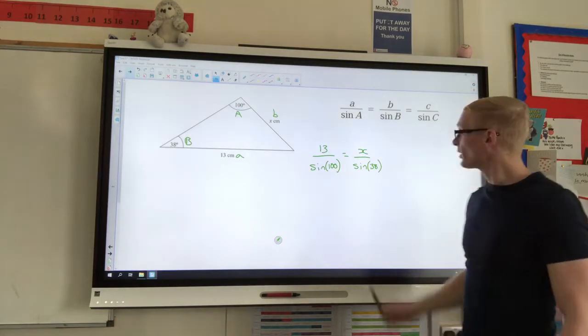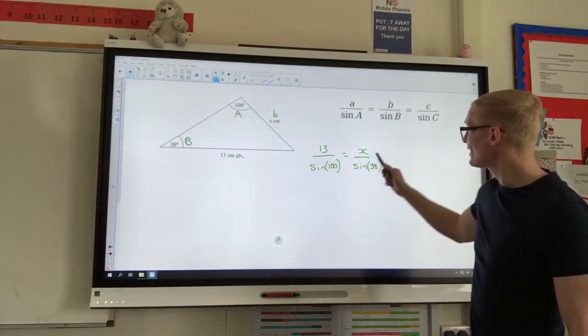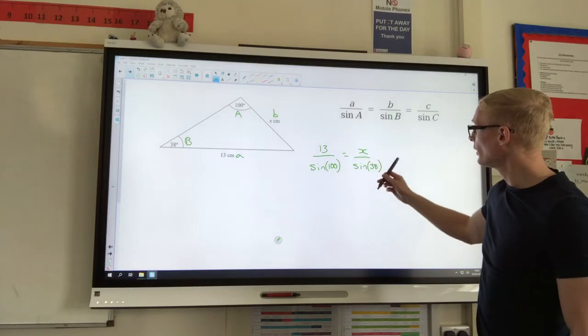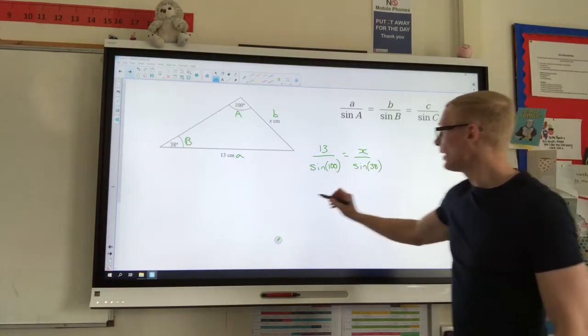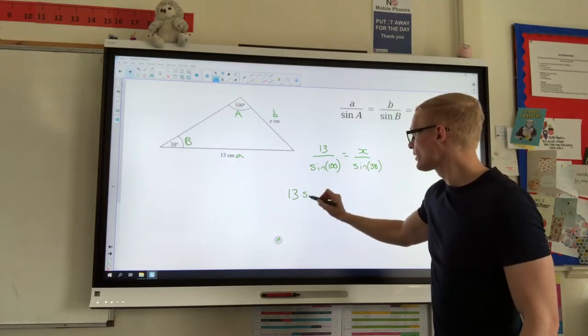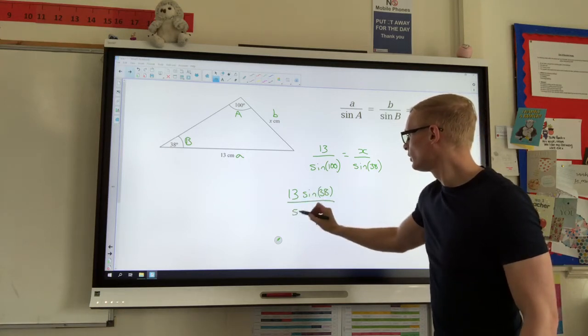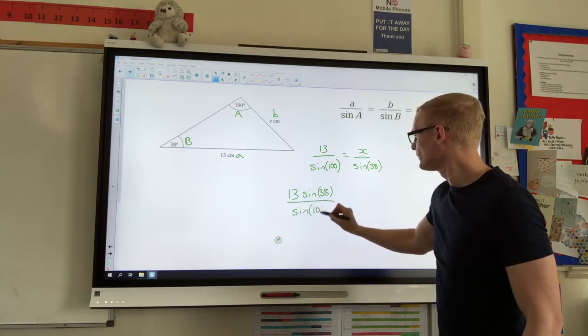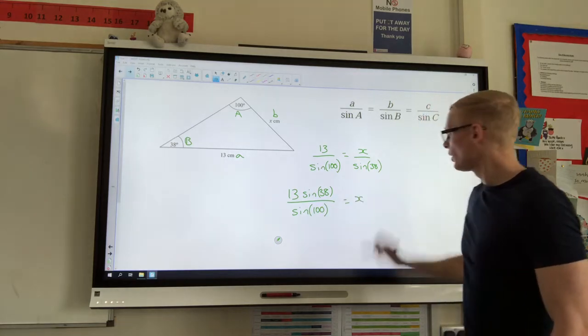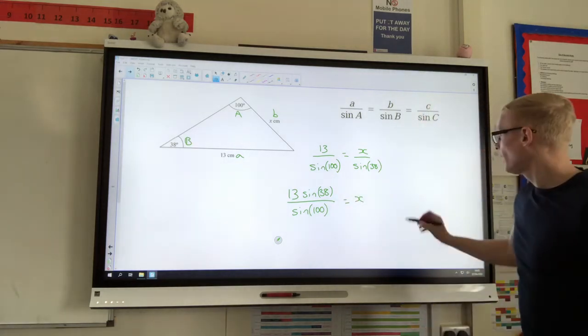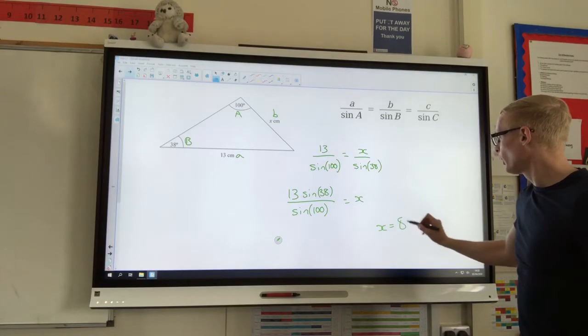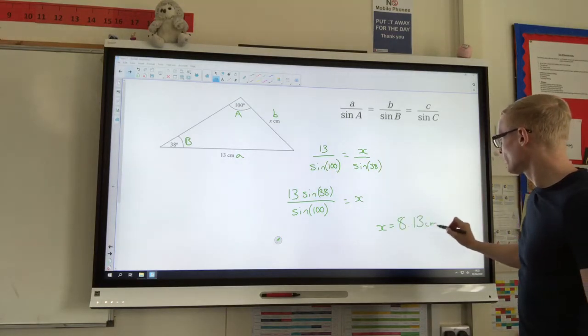So same process, I'm looking to multiply that up there to get rid of this fraction here. So multiply by the sine 38, and we can write it as 13 sine 38 over sine 100. Type that into your calculator and you get x equals 8.13 centimetres.